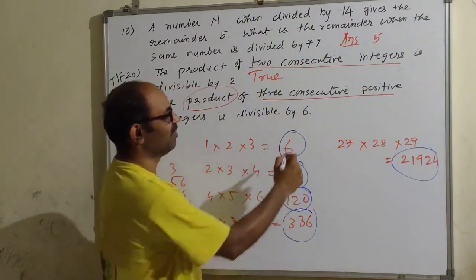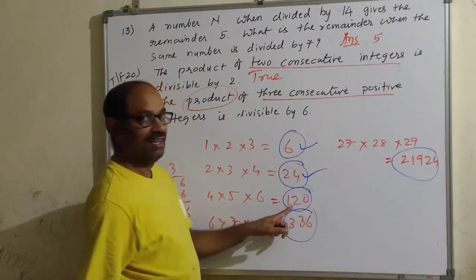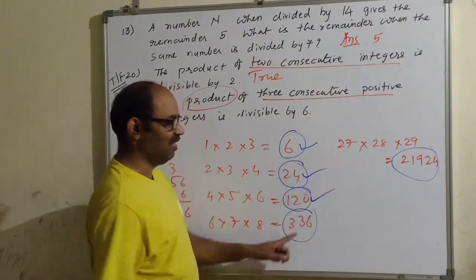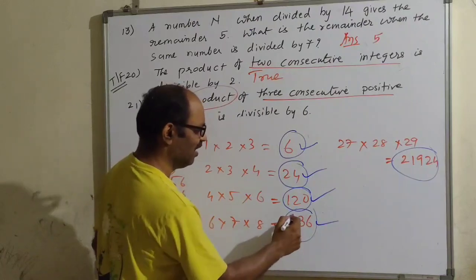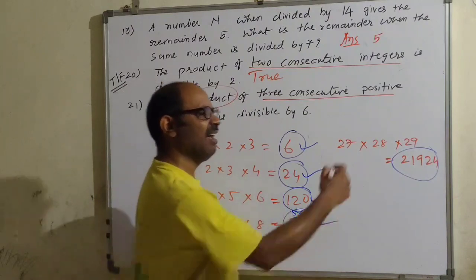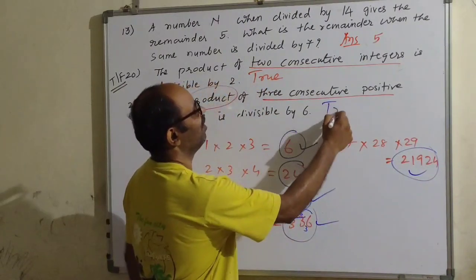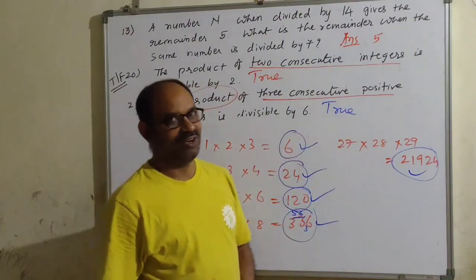See the first one, is it divisible by 6? Yes. 6 4s are 24, 6 20s are 120. This is divisible, children. And even this is divisible if you check. So this is also a true statement. Got it?